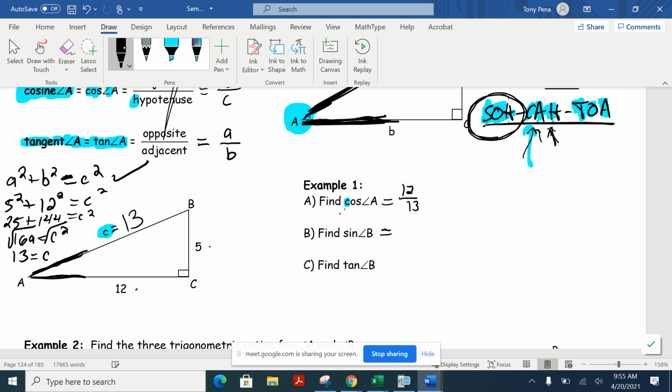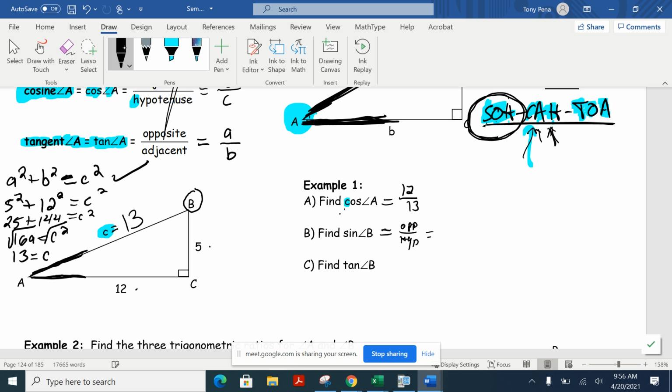So that's saying that your sine is the opposite side over your hypotenuse. So look at angle B. So now you're looking at angle B. So pay attention to what angle is asking you for the ratio of. So if I am now standing at angle B up here, for sine we want the opposite over the hypotenuse. So SOH.